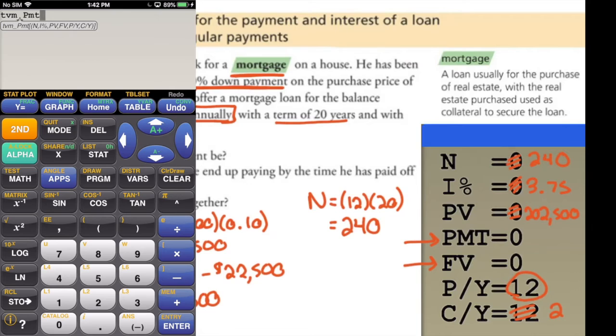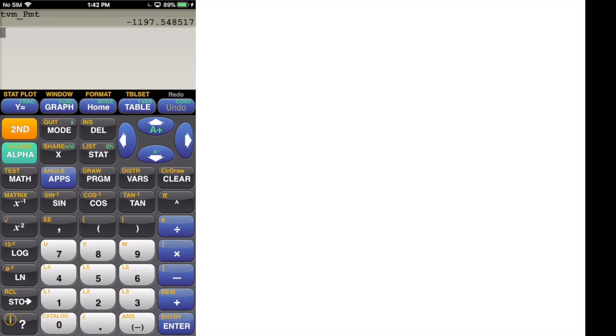Bring that up on the calculator, hit enter to calculate, and again we do get a negative, which is perfectly fine. That just means we are paying money out. So the value of each payment that Jose will be making will be $1,197.55.